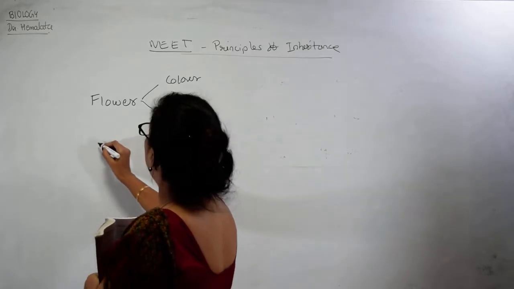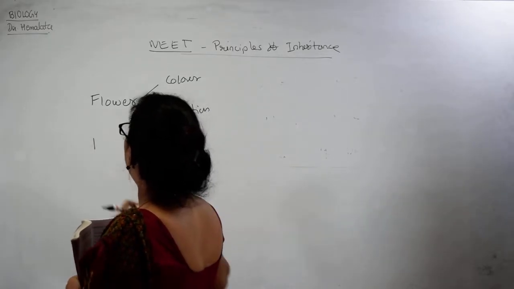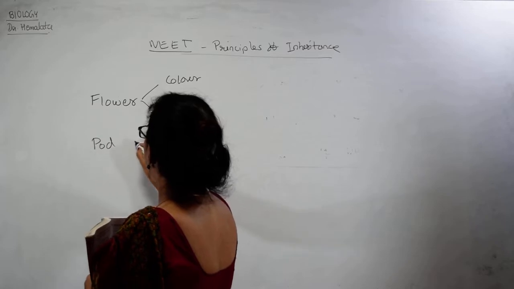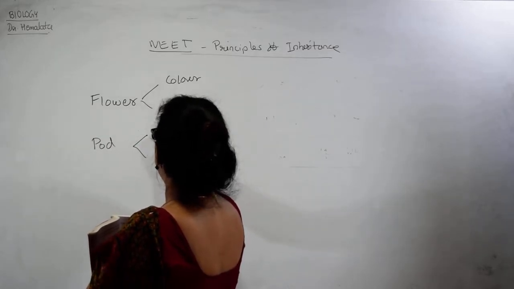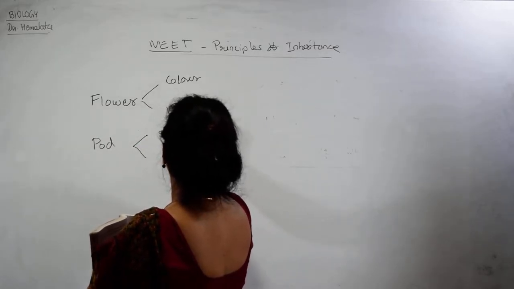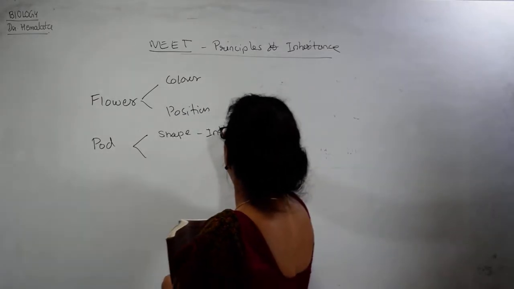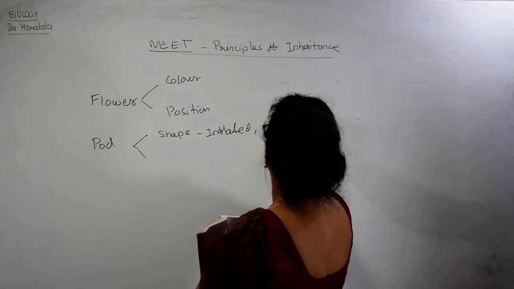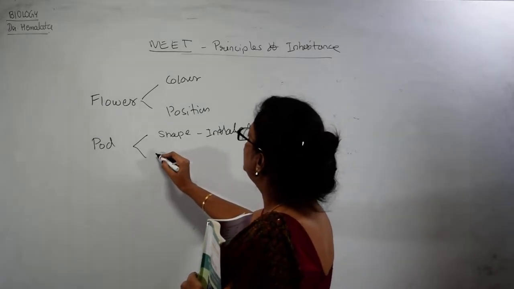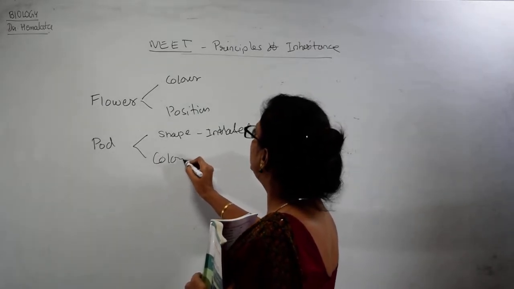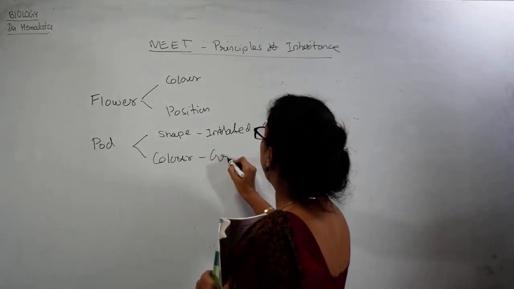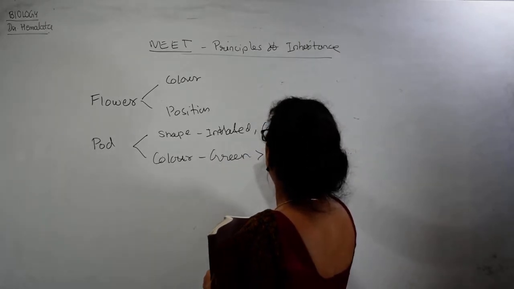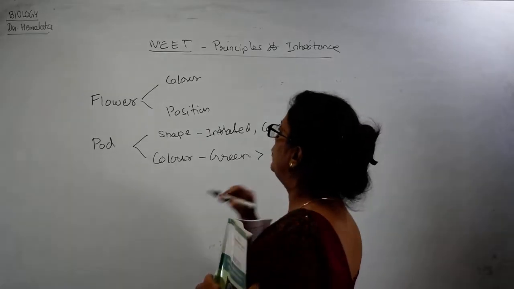Okay? Then about the fruit or the pod. What is studied in pod? The shape of the pod, which is inflated or constricted. Then second is the color of the pod. Green is dominant over the yellow fruit pod.